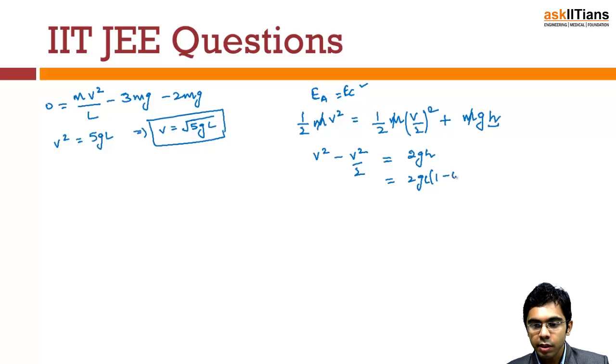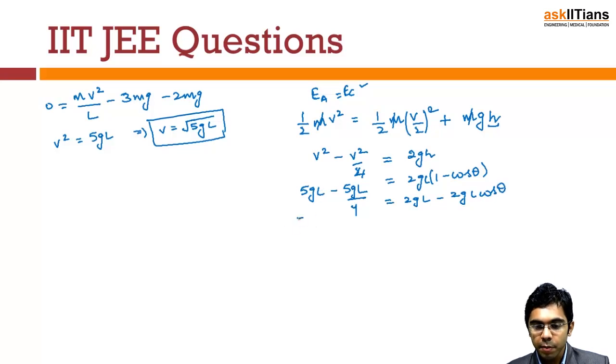L(1 minus cos theta). So v is equal to under root 5gL, and after substituting, this will not be v square by 2, this will be v square by 4. So we get 5gL minus 5gL divided by 4 is equal to 2gL minus 2gL cos theta. So gL and gL cancel out.